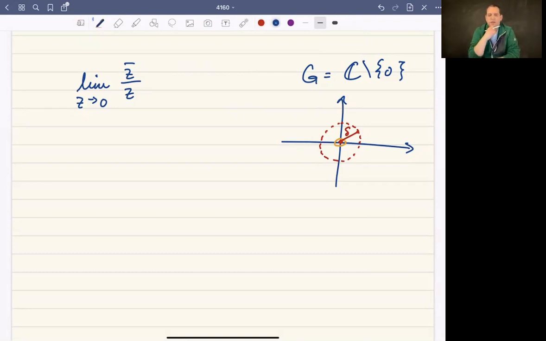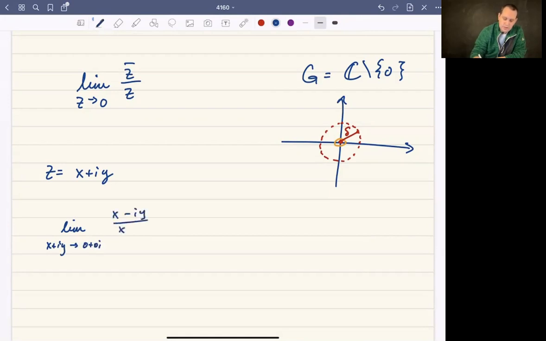The problem is that it depends on whether you approach according to a certain path, what your limit's going to be. So for example, let's say z is x plus iy. That means that we're looking at the limit that x plus iy approaches 0, where the conjugate of z is x minus iy over x plus iy.